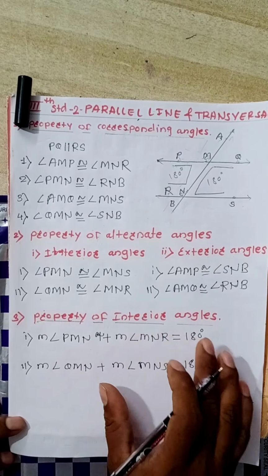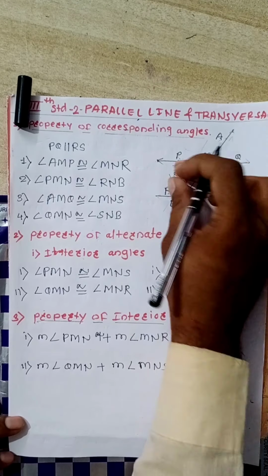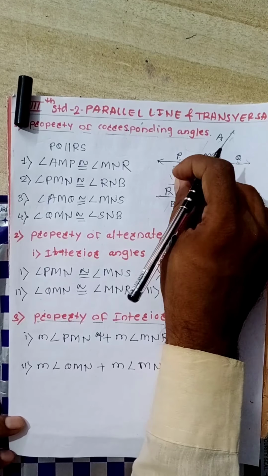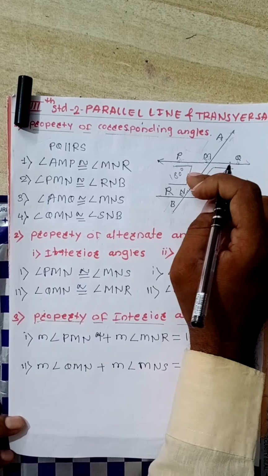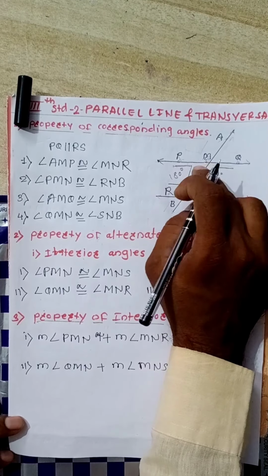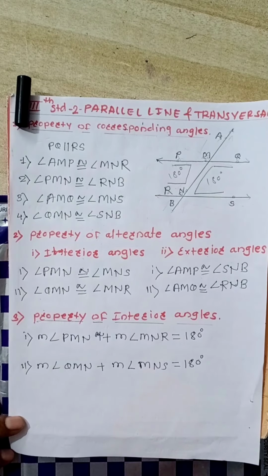This is the property of interior angles. Interior angles are on both sides of the transversal. Clear?